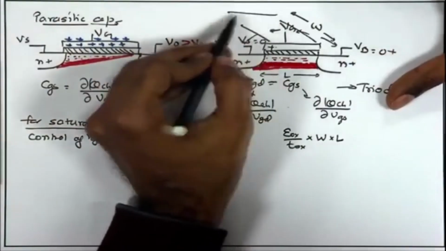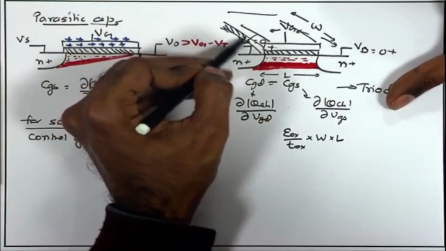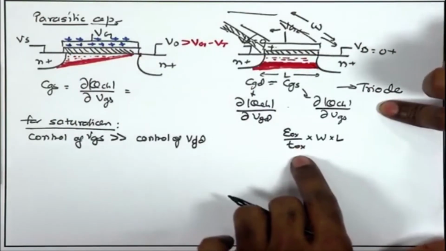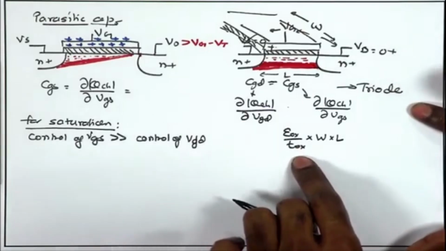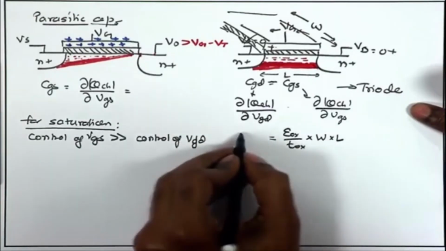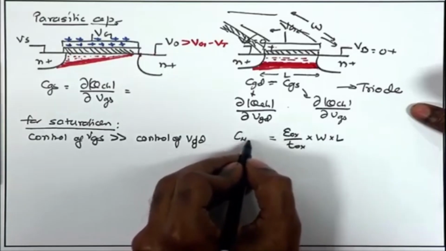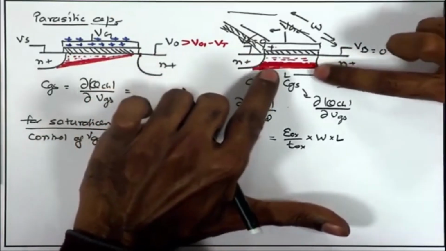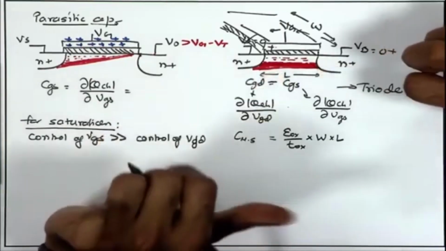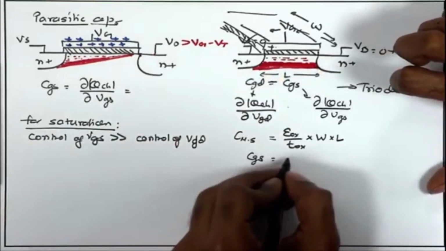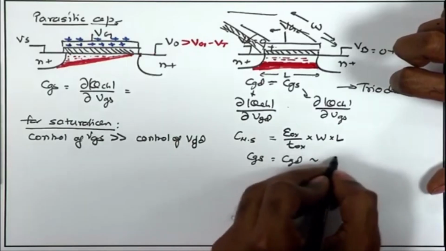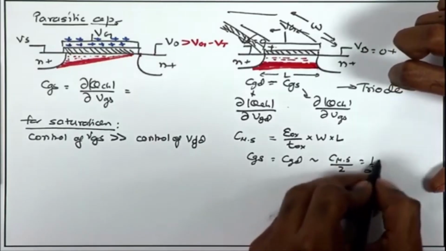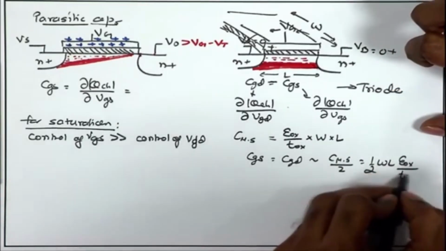So, this is just forming a parallel plate capacitance, and the total gate area W times L multiplied by capacitance per unit area, that is epsilon_OX upon T_OX, gives me the effective C_MS, the metal-silicon capacitance. And since in the triode region gate and source are having equivalent or similar degree of control on the channel charge, we say that C_GS is equal to C_GD, approximately equal to C_MS by half. So, each of them becomes 1 upon 2 W L epsilon_OX upon T_OX approximately.